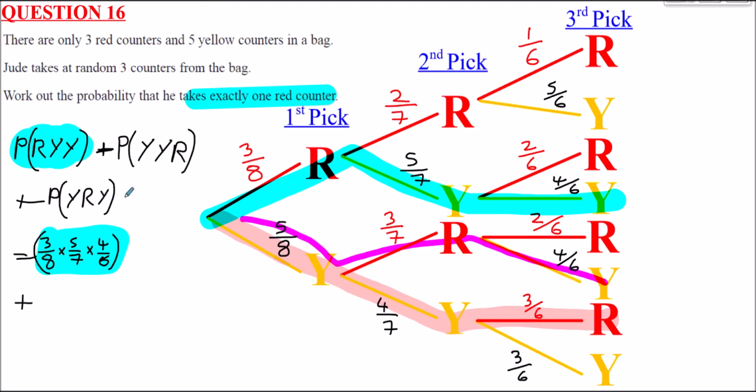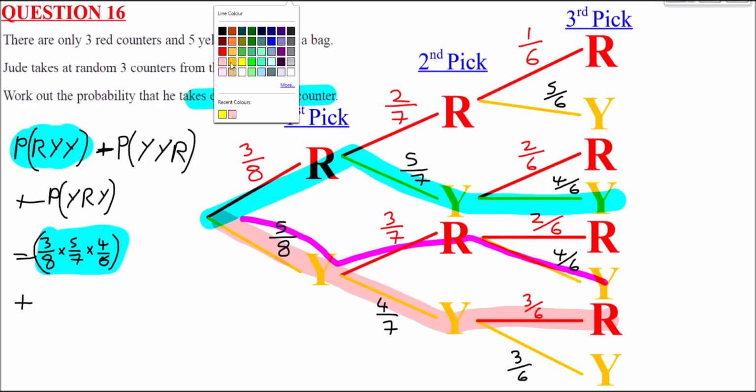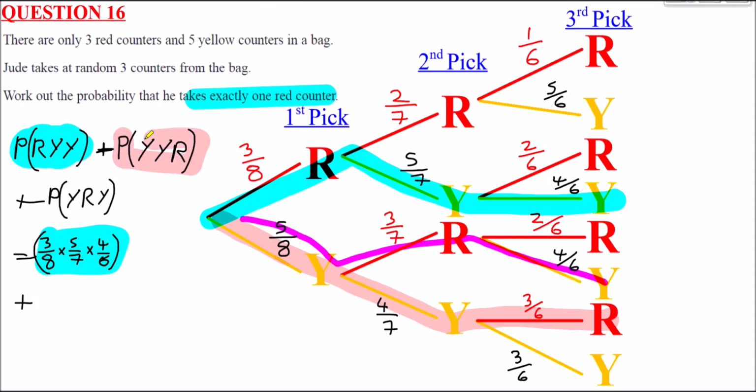And then the probability of going yellow, yellow, and then red, which I've colour-coded in pink, that's going to be 5/8 times 4/7 times 3/6. So we just multiply those together and then add that result.